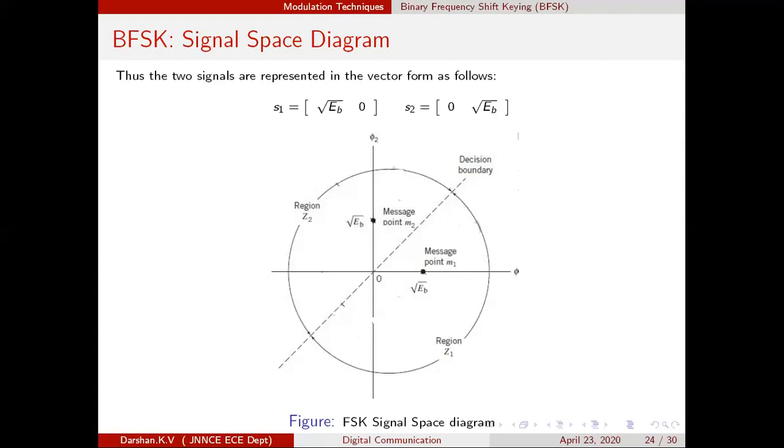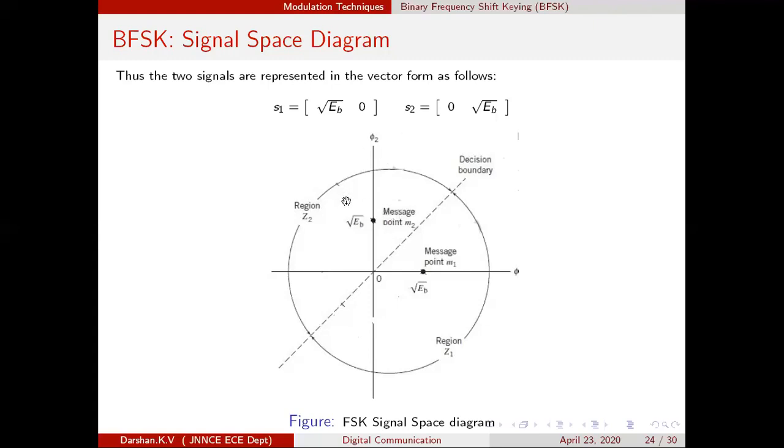Region Z1 means message 1. Region Z2 means message 0. Now for the time being, let us assume that a signal point we have received and plotted happens to be in this particular region, then the first coordinate of the signal point is greater than the second coordinate of the signal point, and vice versa.